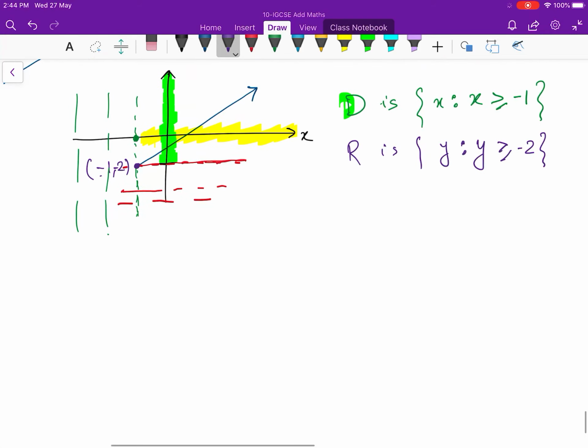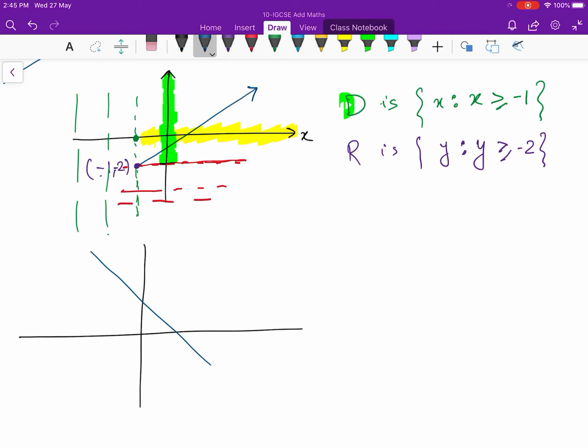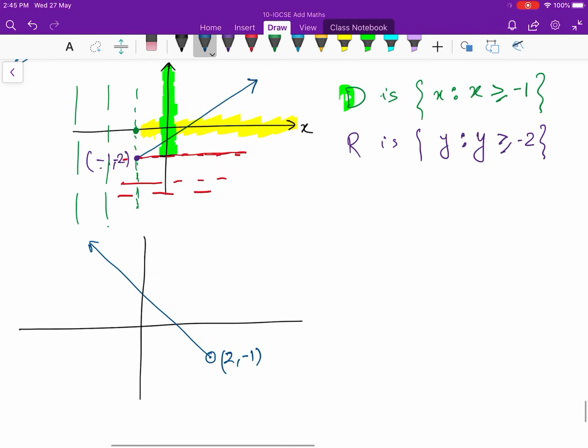Okay, so I'll take more examples. Suppose that line is this, and this point is 2 and -1. If I ask you to find the domain and range of this, if I draw the vertical line, this is the end.